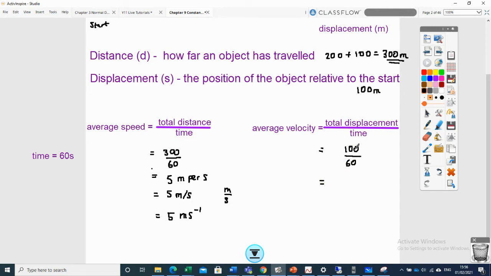So therefore his velocity is 10 over 6, 5 over 3, which is 1.6 recurring, 1.67 to 3 significant figures. And again, it's meters per second, m s^-1. Make sure you're writing your significant figures. So that's the difference between distance and displacement and speed and velocity. Speed uses distance, velocity uses displacement.